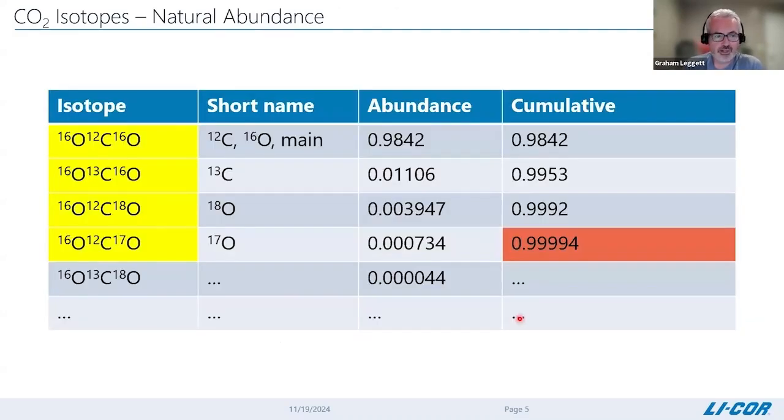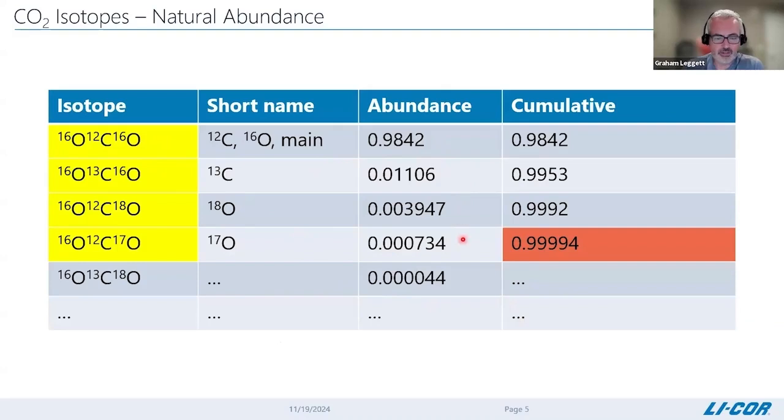So what are we measuring with the instrument? We're measuring different isotopes of CO₂. And so you can see here the relative abundance of those different isotopes. CO₂ is predominantly the C12, which is O16, C12, O16. And you can see almost 99% of the CO₂ in the atmosphere is this particular isotope, and 1% being C13.